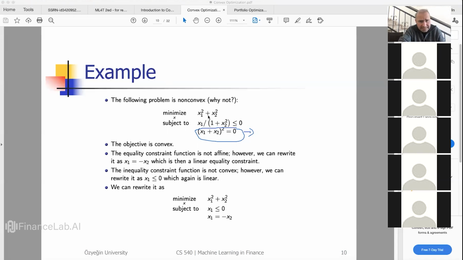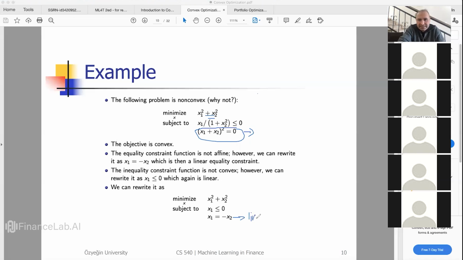The objective is convex, so there is no problem with that, but we can transform this problem into a convex problem. The last constraint shows us that x1 should be equal to minus x2. And by definition, this should be the case. If we have this equality constraint, then we can write the objective function with x1 equal to minus x2, which will be linear.